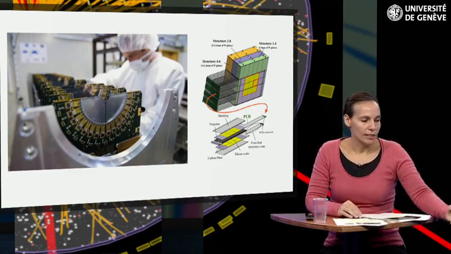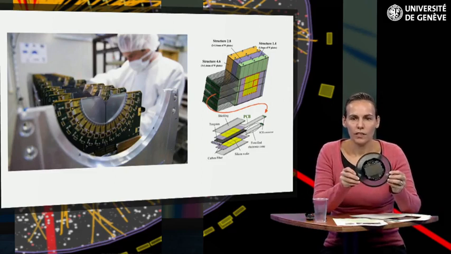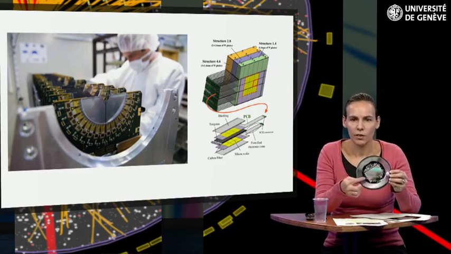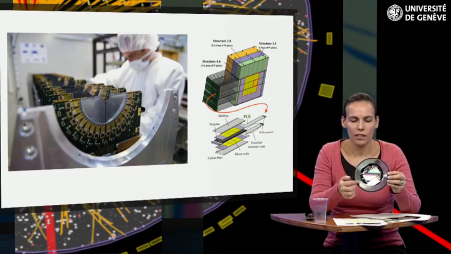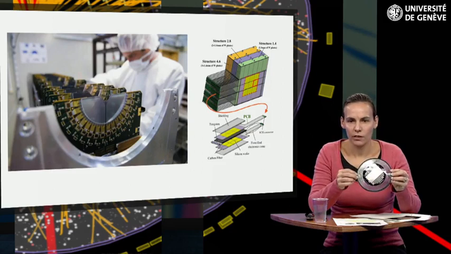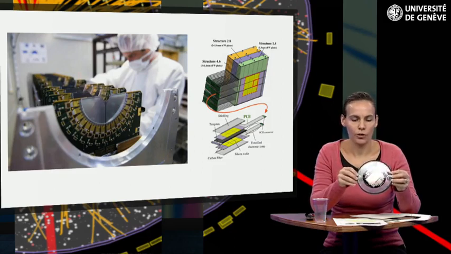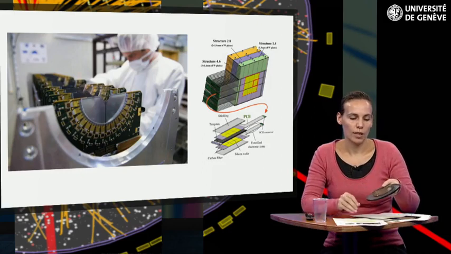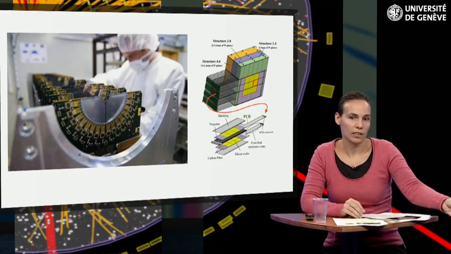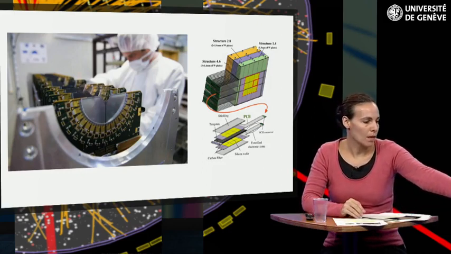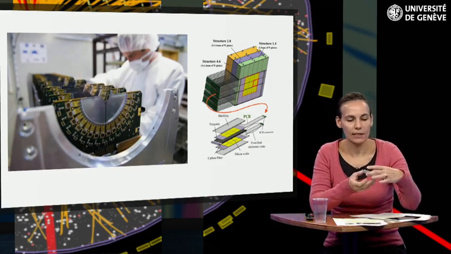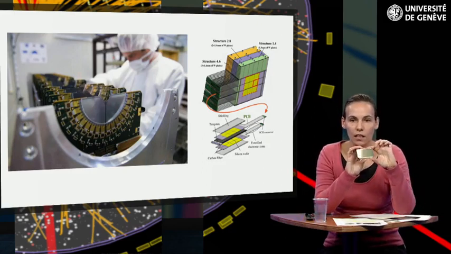Here is an example of a silicon wafer, the big rectangle at the center, and at the sides there are testing circuits which allow testing the quality of the sensor before using it to assemble a detecting unit. Before using it, one must cut the sensor, and this is an example of a cut sensor.